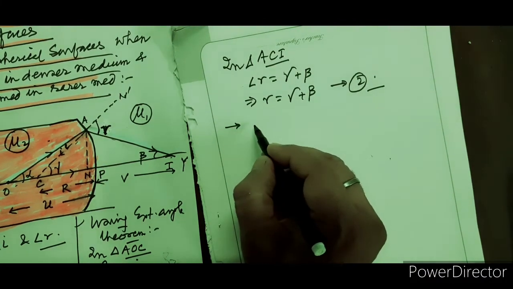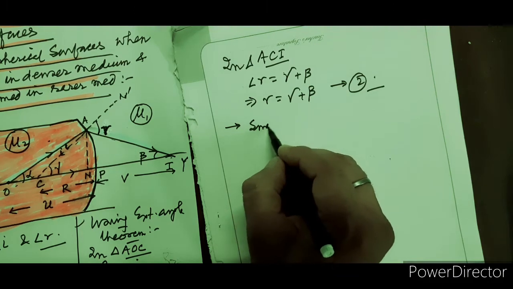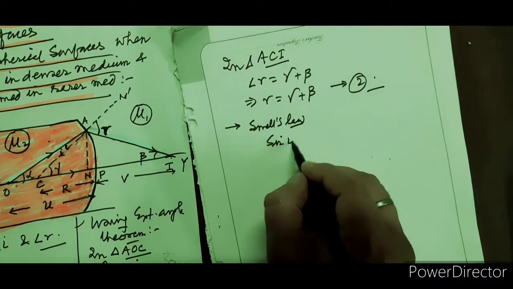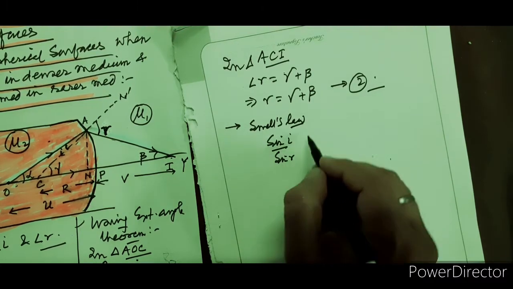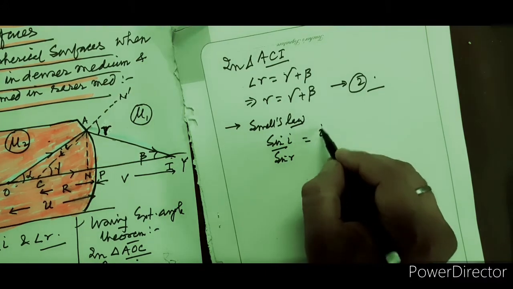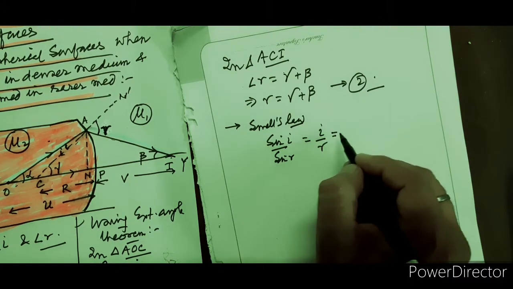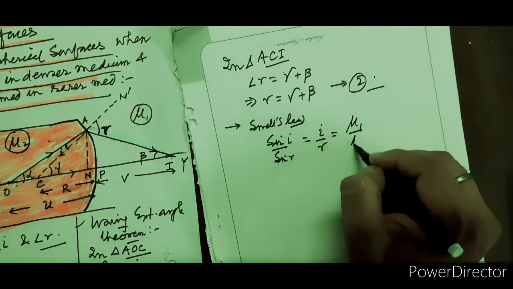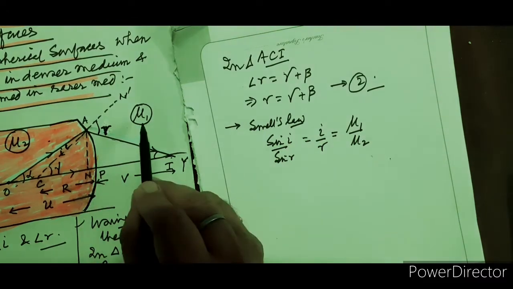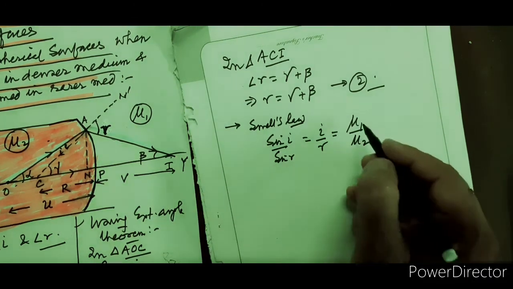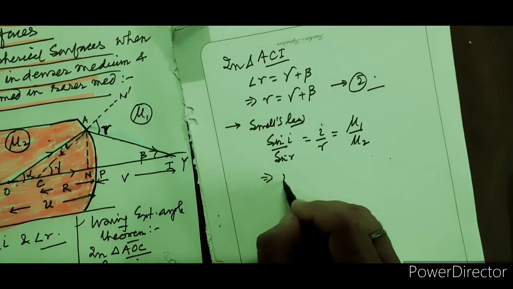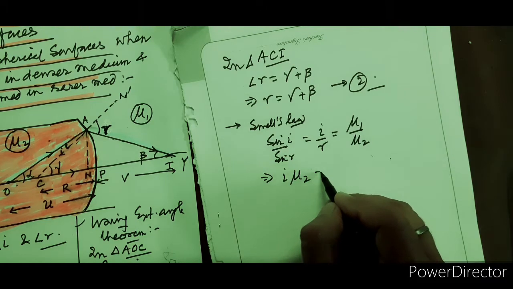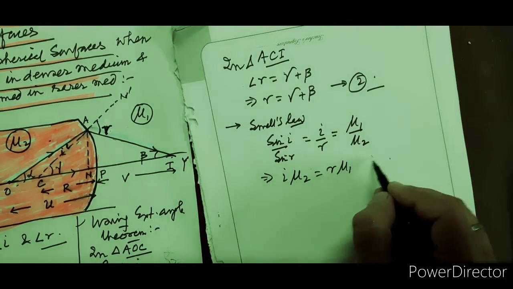Then comes applying Snell's law. Sin I by sin R, for small angles, becomes I by R, which is equal to mu1 by mu2. Just see, the second medium is your mu1. So mu1 by mu2, or we can write I mu2 is equal to R mu1.